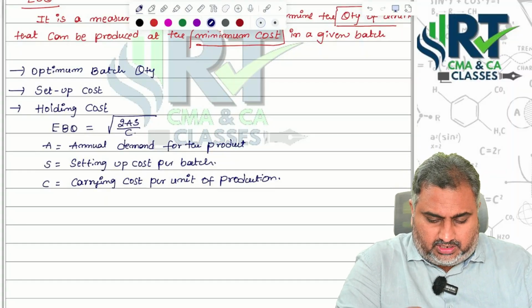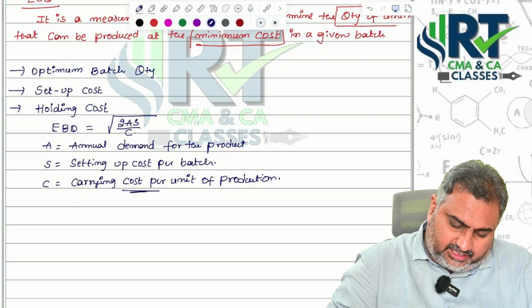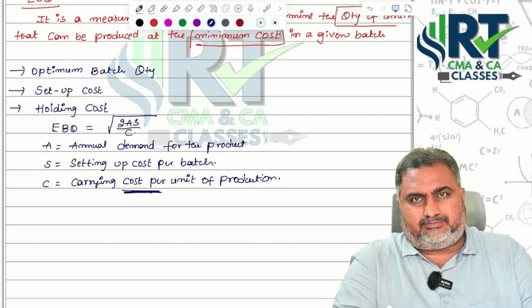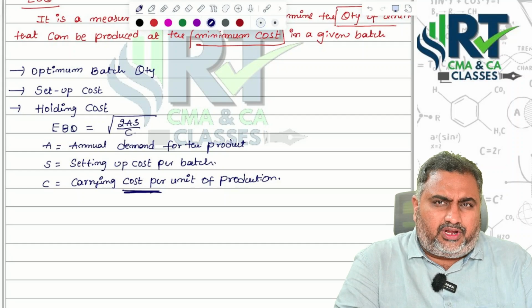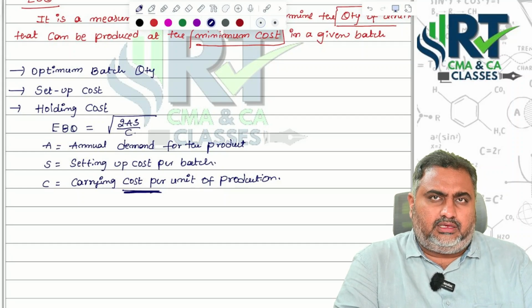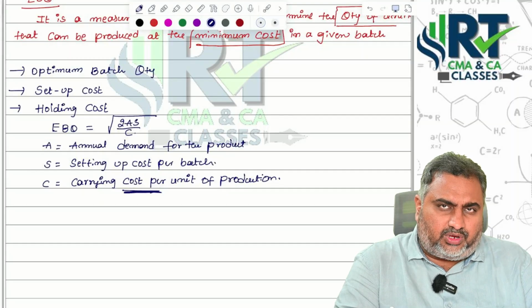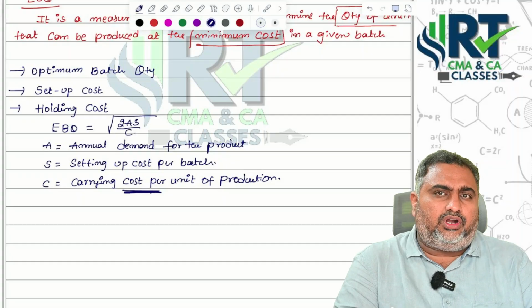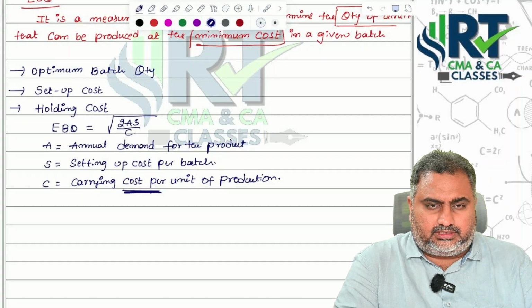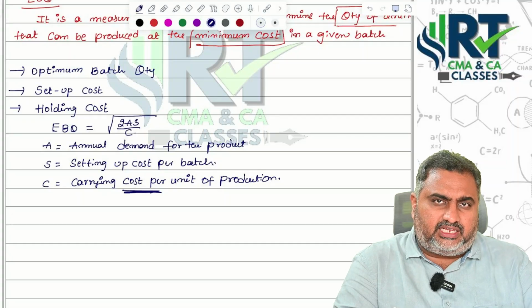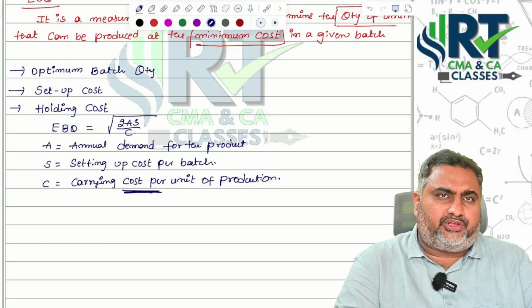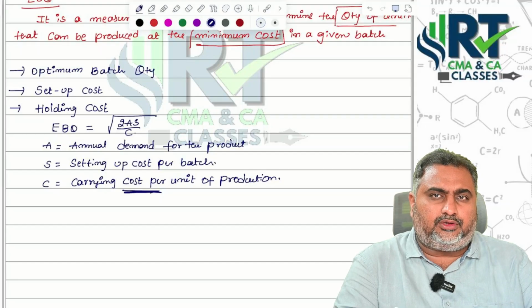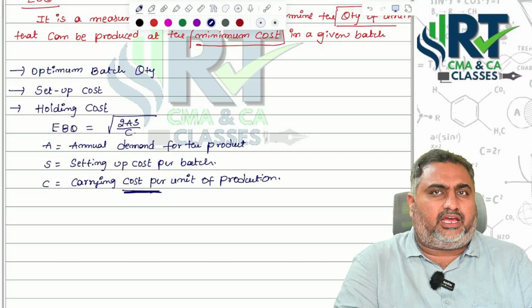And remember, carrying cost is always linked with per unit. Reason: if per unit cost is high, then we will purchase fewer goods, so automatically the holding inventory cost will decrease. So the price per unit or cost per unit impacts your holding or carrying cost.